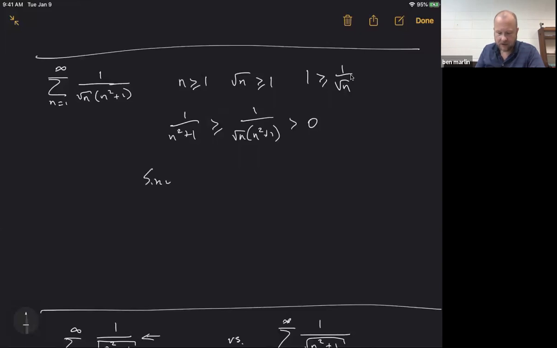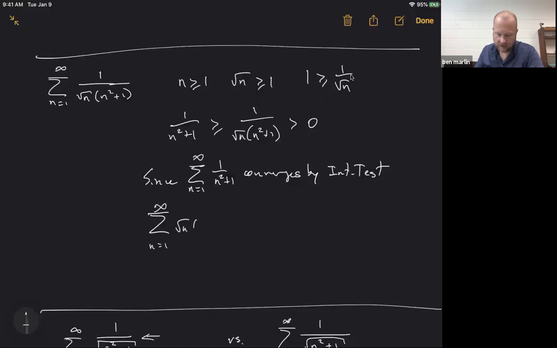But since the summation of 1 over n squared plus 1 converges by the integral test, then summation n equals 1 to infinity of this thing converges by direct comparison test. We have something that is smaller than a convergent series, and that means that we've got something convergent.